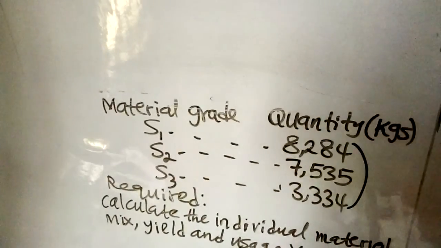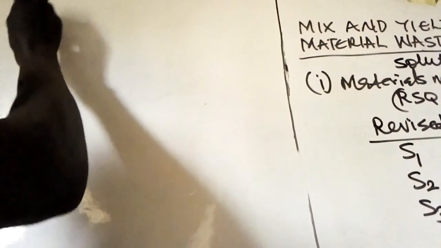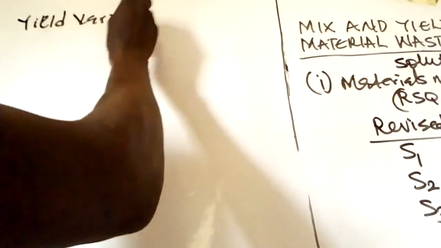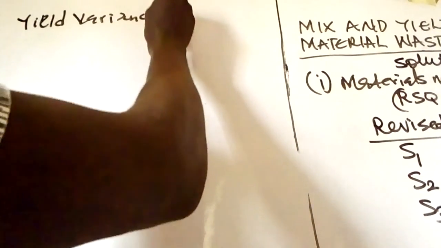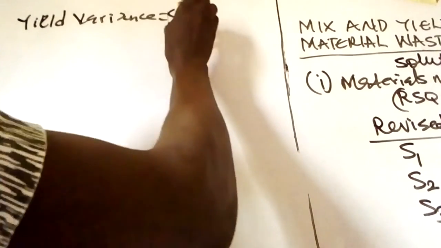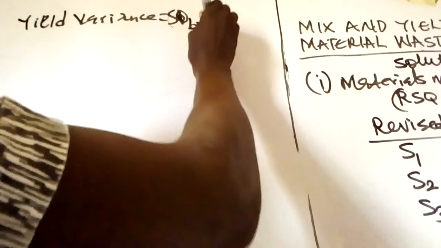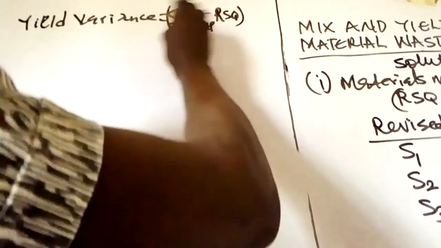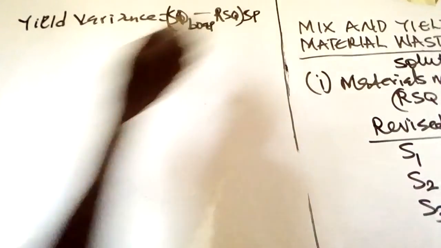Now, let's substitute. Material yield variance is standard quantity based on actual production minus revised standard quantity multiplied by the standard price.